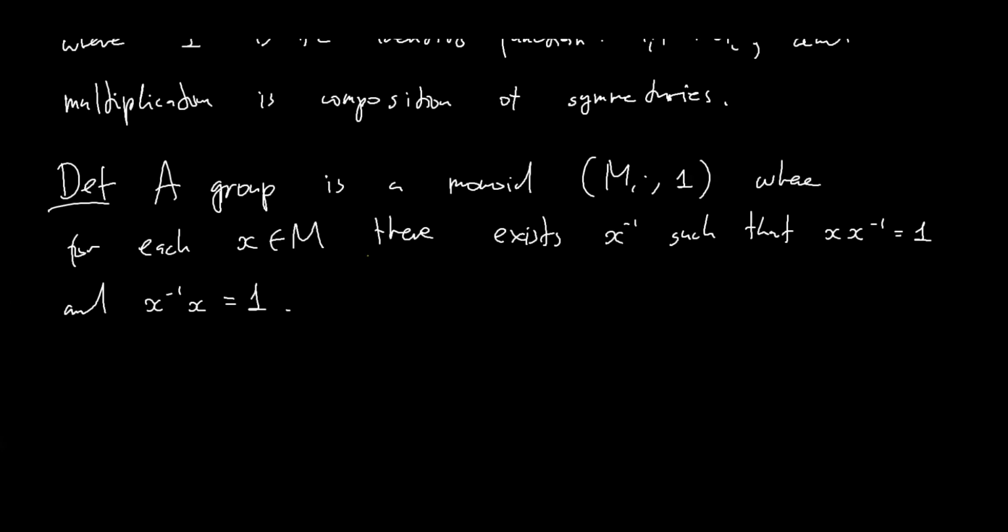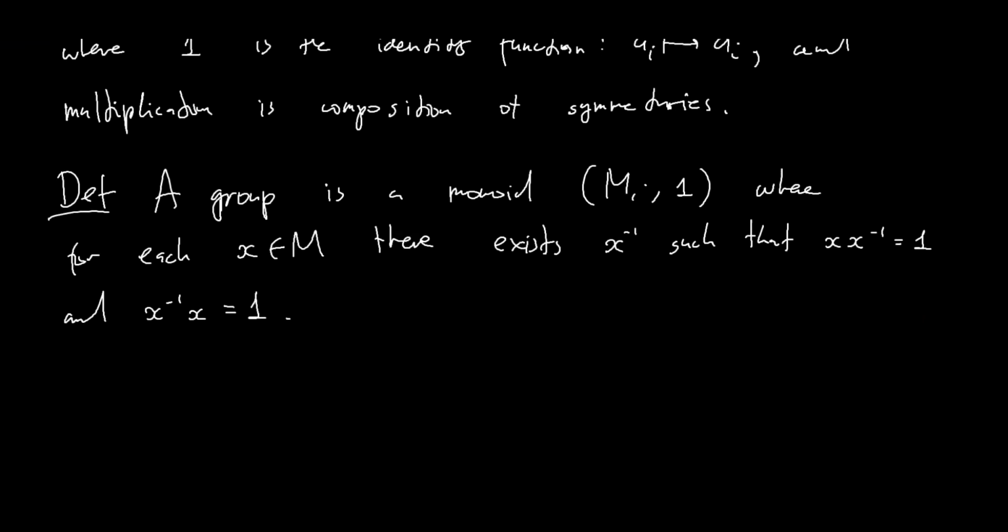So that's what a group is. A group is a monoid where every element has an inverse. And of course, we know that for functions, having an inverse is equivalent to being a bijection. And so this is how we capture the idea that every symmetry should be a bijection.